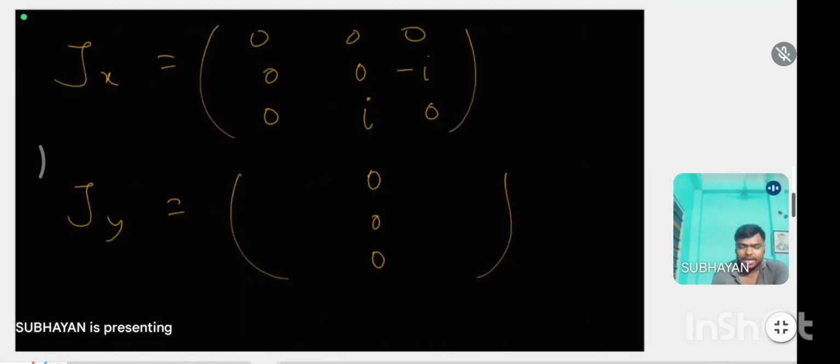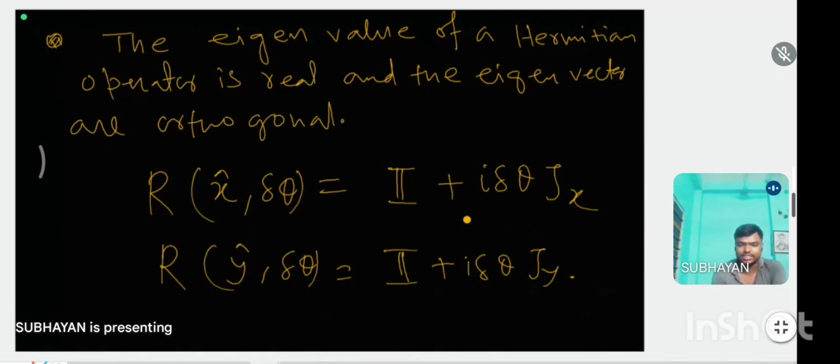Look carefully: as Jx is about the x axis, you have to put 0 in the x column and x row. So here, for Jy, the y column and y row will be 0 and you put i and minus i. So this i and minus will be alternately displaced. So this minus i will go to x and this i will go to z. So this is the form. These are the forms of Jx, Jy, Jz.